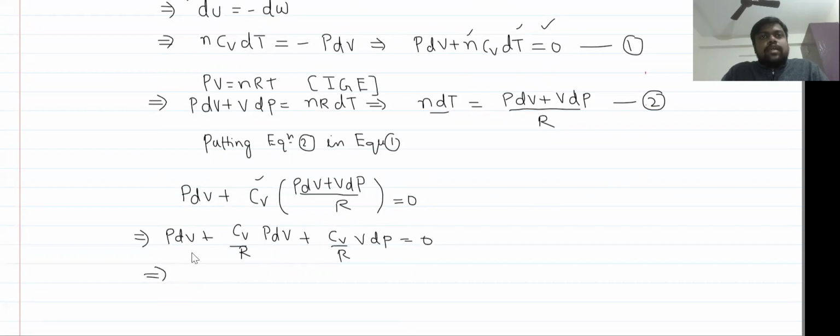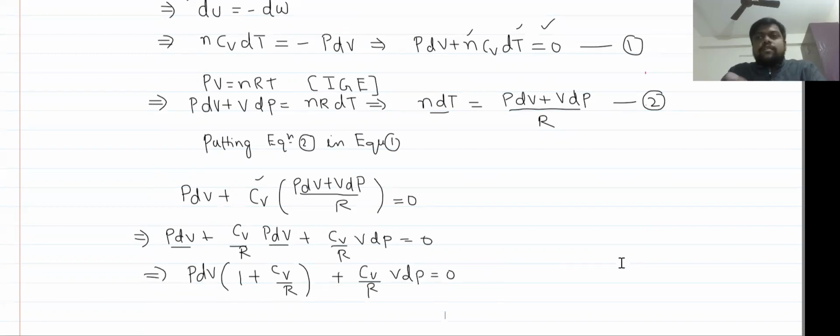Now let us take PdV and VdP common from here. So we will get PdV, if we take common, 1 plus Cv by R, and here we will be getting (Cv by R) VdP equal to 0, right?